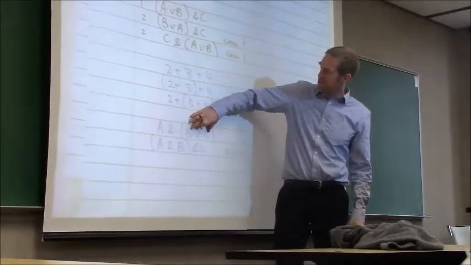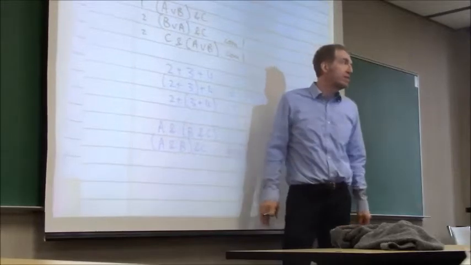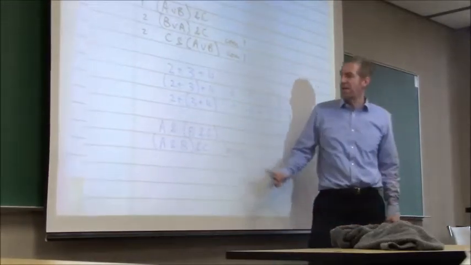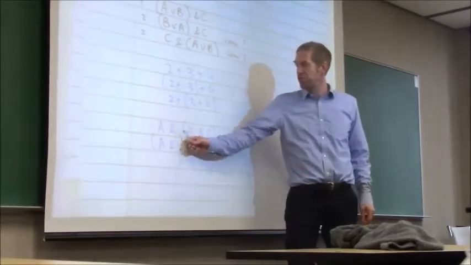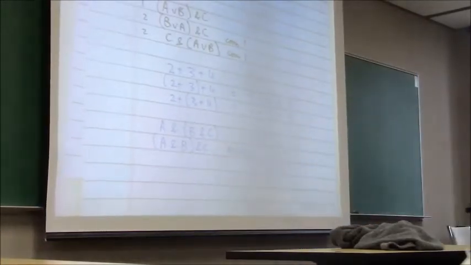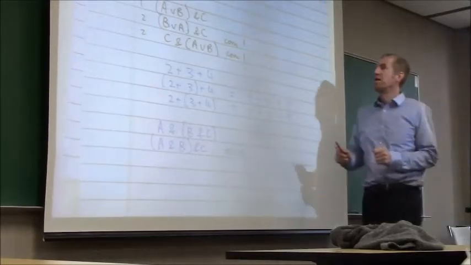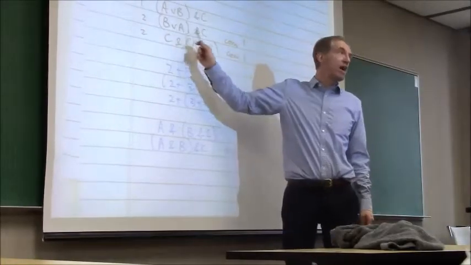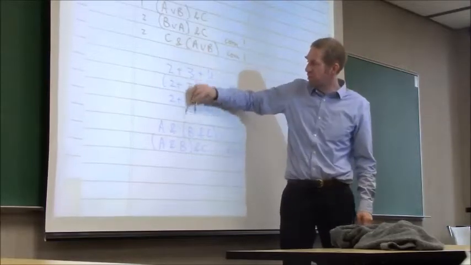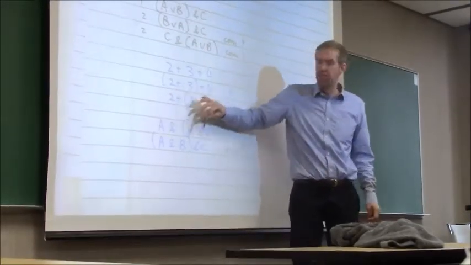Here B and C are associated together, and you can switch it so that A and B are associated together. And it doesn't matter, provided this works when you have two ands, or if you have two ors. But it doesn't work when you have a mixture. So if one of them is an and the other is an or, like here, you can't move the parentheses. You can only move the parentheses when they're both the same, when they're both ands or they're both ors.